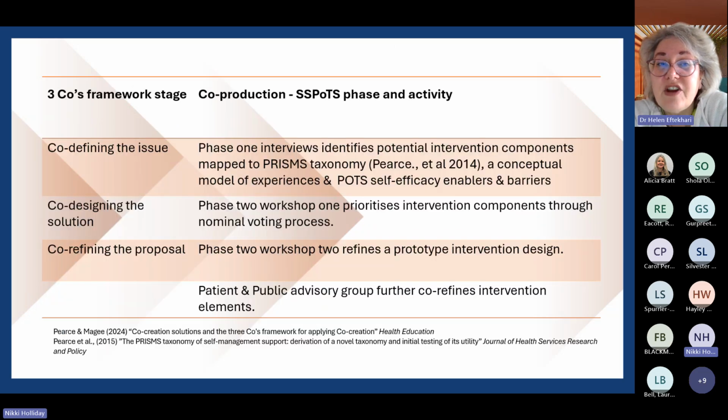So how did I apply the 3 COs framework? Well, if you think of the phases of the research design I did, the first phase really fits quite nicely in the 3 COs with co-defining the issue. So I undertook a qualitative study, and I identified different components that were potentially applicable to a supportive self-management application, and developed a conceptual model of experiences and self-efficacy enablers and barriers for this patient group.